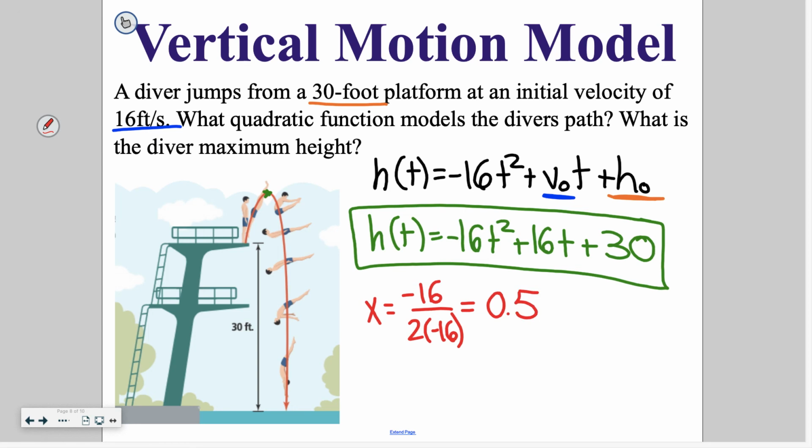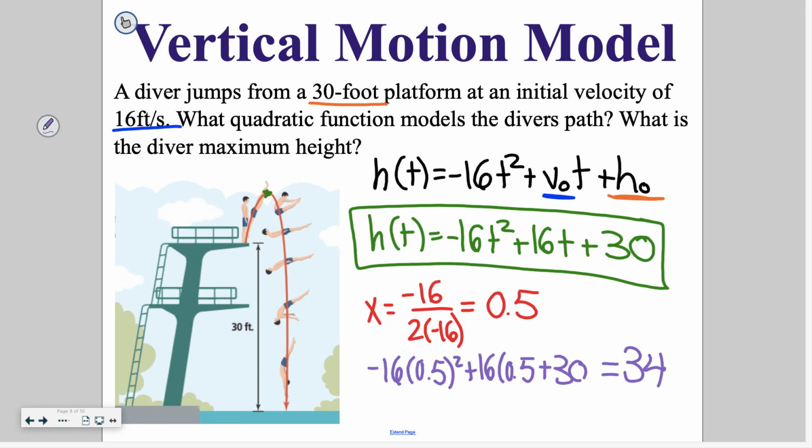Then I would plug that back into my equation, so I would get negative 16 times 0.5 squared plus 16 times 0.5 plus 30, and that value is going to end up giving me 34.